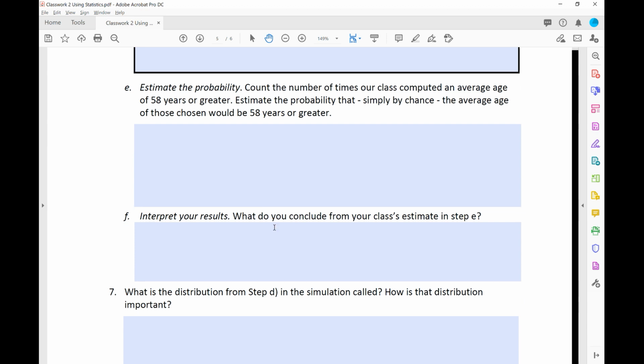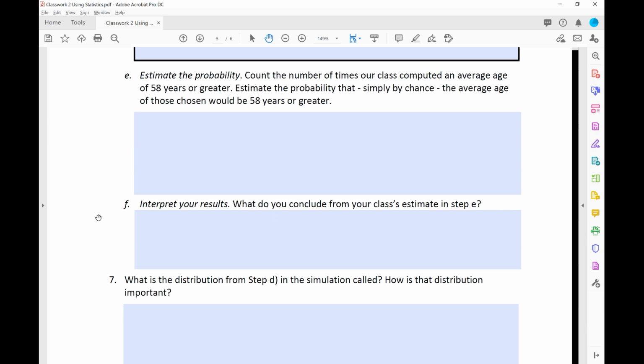On 6E, we're going to estimate the probability. To do this, we're going to count the number of times our class computed an average age of 58 years or greater. This involves looking back at our spreadsheet, and probably the easiest way to do this is to look at the spreadsheet with our dot plot.